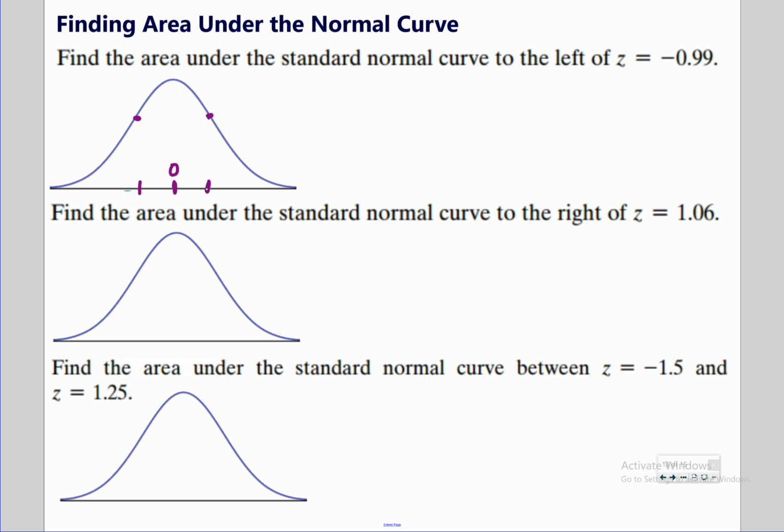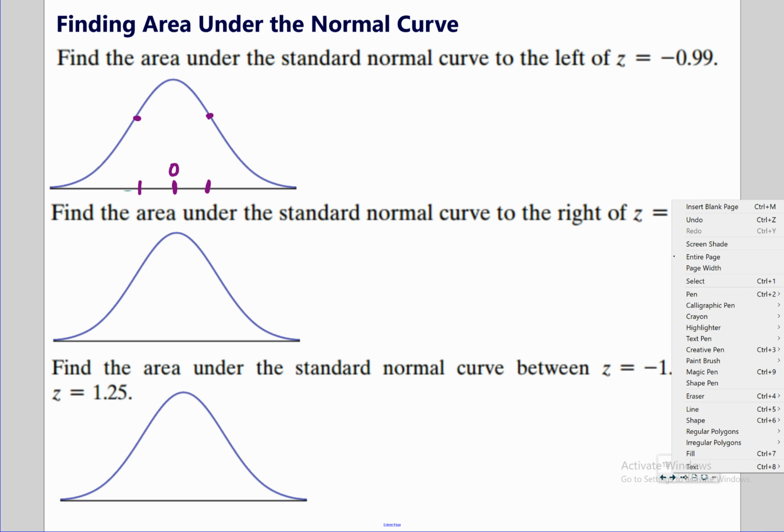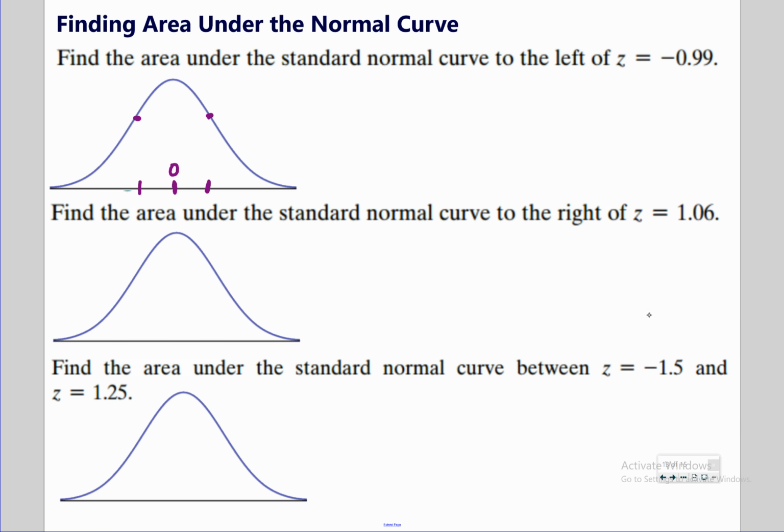That's going to be 1 standard deviation in either direction, approximately. So negative 0.99 is really close to a z-score of negative 1. It's just slightly to the right of it. So maybe right about there. Okay, so that's a z-score of negative 0.99. And we're finding the area to the left of it.